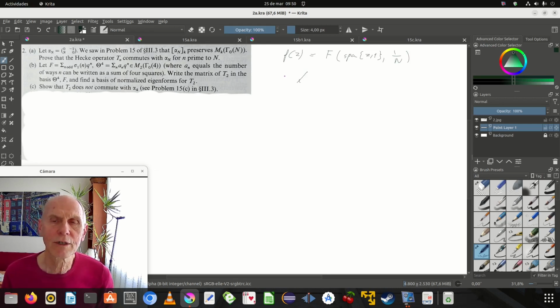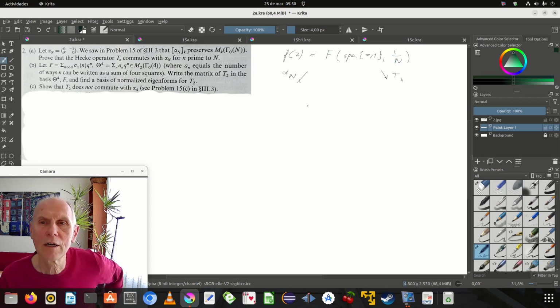The one is alpha n, it's capital N, yes. And the other one is Tn. This one, of course, maps to this.